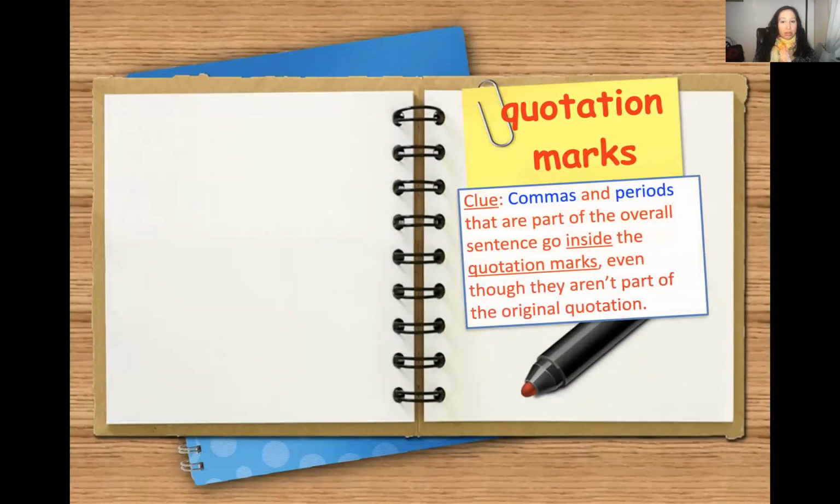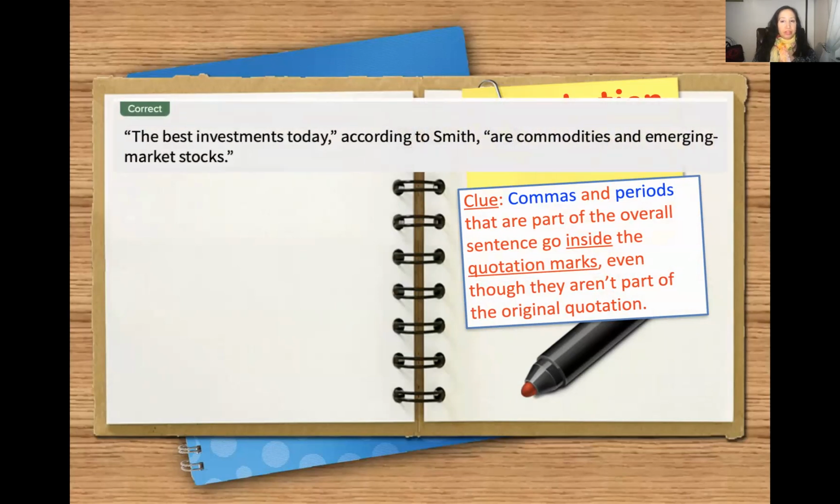Quotation marks. Now there's a clue here I wanted to help you with. Commas and periods that are part of the overall sentence go inside the quotation marks, even though they aren't part of the original quotation. This is a correct example. "The best investments today," according to Smith, "are commodities and emerging market stocks." Remember I used this before?